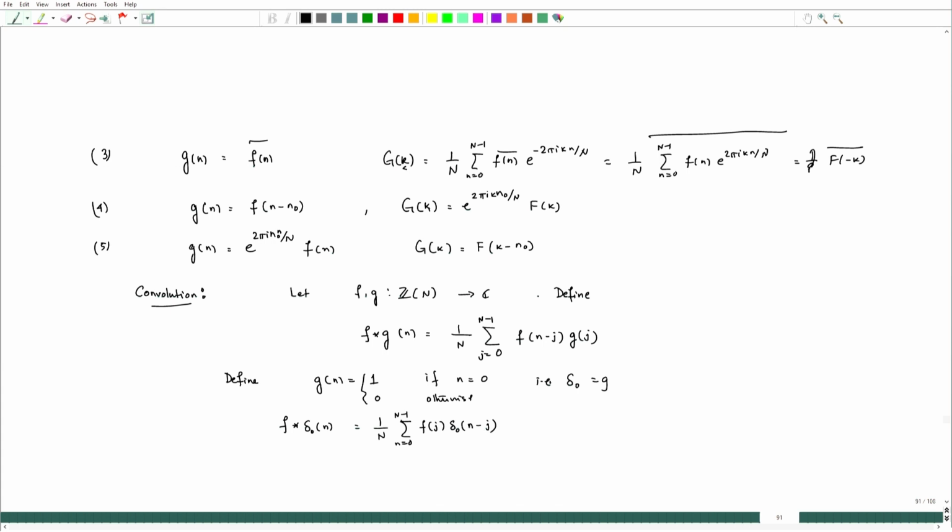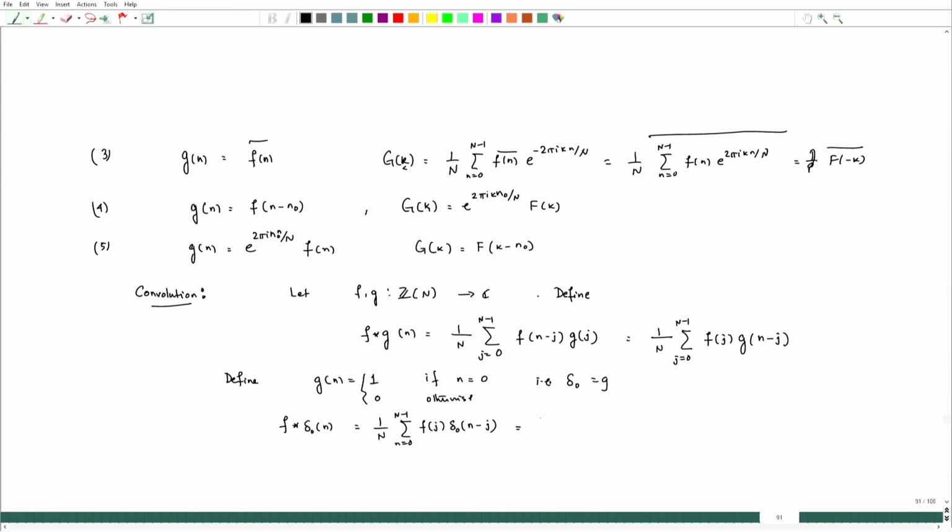As you can see here, because this is an abelian group, I can also take this to be equal to 1 by N summation over j from 0 to N minus 1 of f of n minus j g of j. It is just a change of variable that gives me this. So, f convolution g is equal to g convolution f.